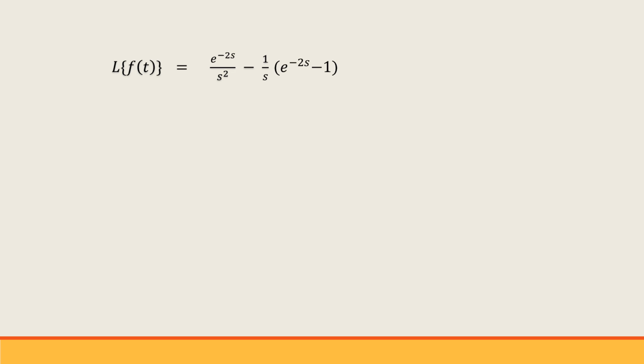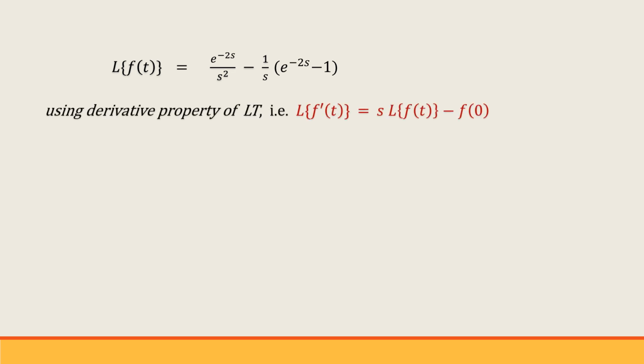Now we can easily find the Laplace transform of f dash t by using the derivative property of Laplace transform. And we can write the Laplace transform of f dash t as s into e raised to the power minus 2s by s square minus 1 by s into e raised to the power minus 2s minus 1, whole minus 1.